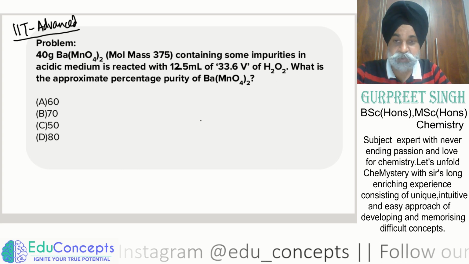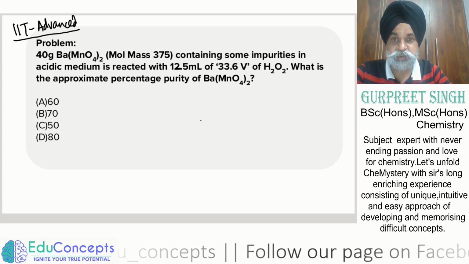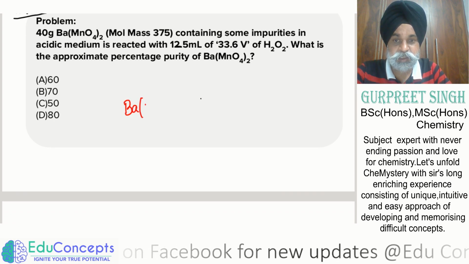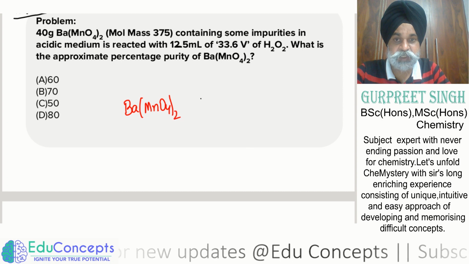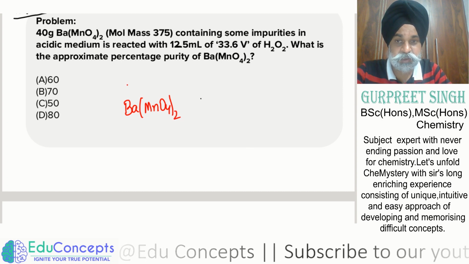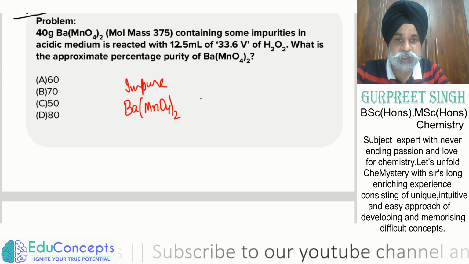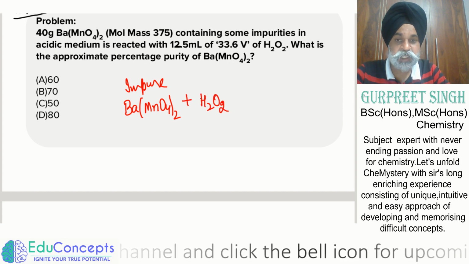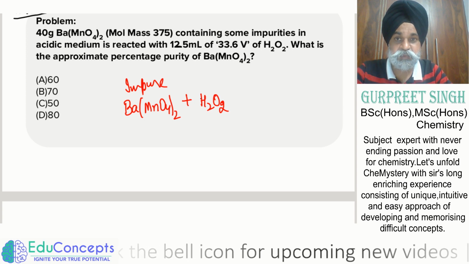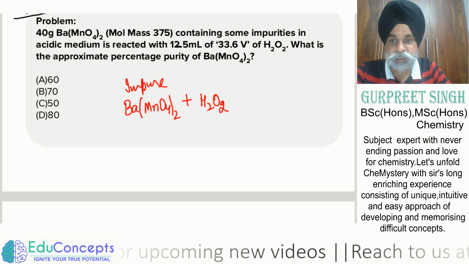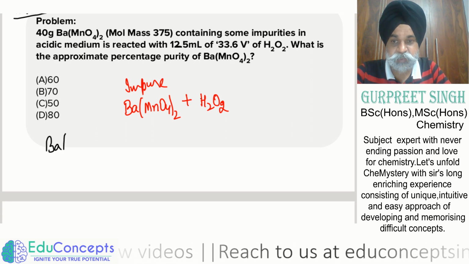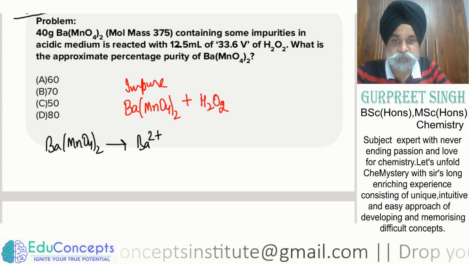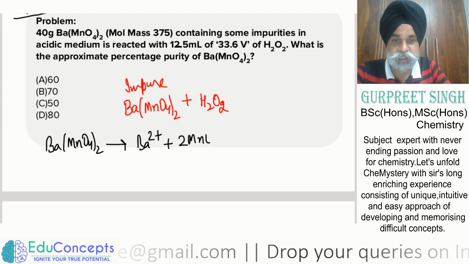As regards this particular question, what is being asked is you are provided with a compound called barium permanganate. This is the compound which is impure, and it is being treated with H2O2. So here an important thing is that if you break barium permanganate out, it gives barium 2 positive and 2 permanganate.